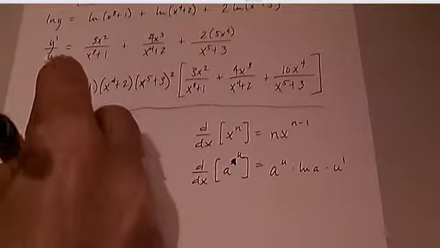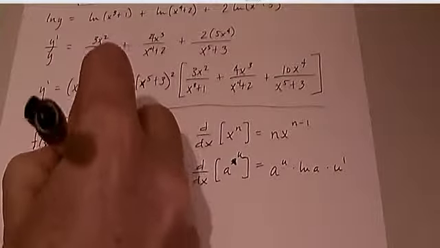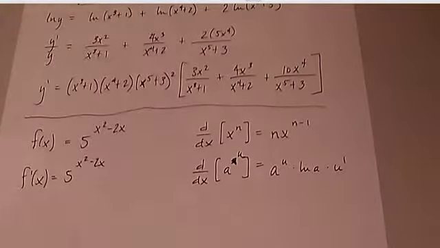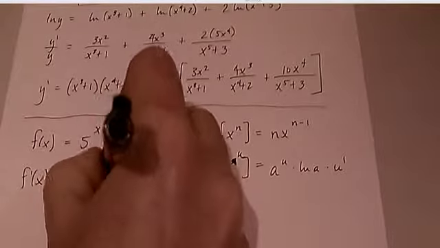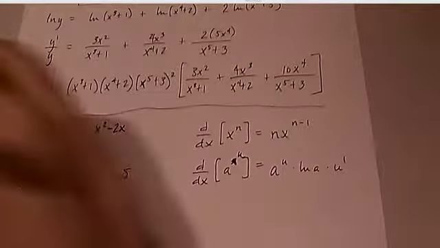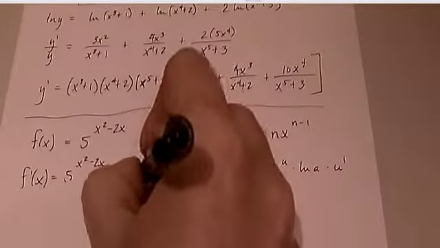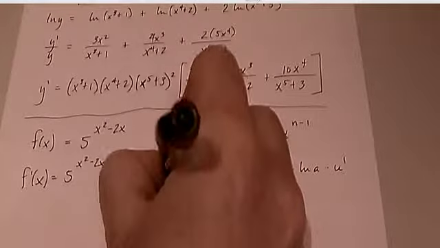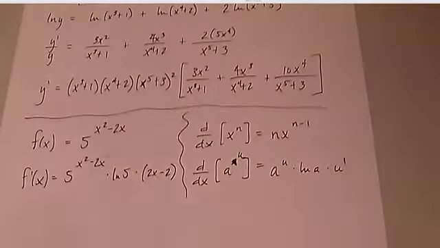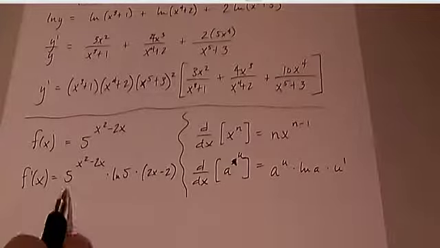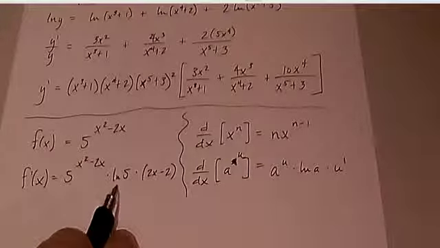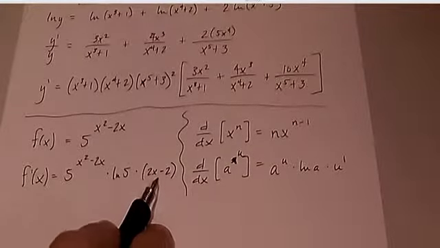So f prime of x here is just, you rewrite the exponential, then you take the logarithm of its base, and then you take the derivative of that exponent expression, okay? And that winds up being a to the u, natural log a, u prime.